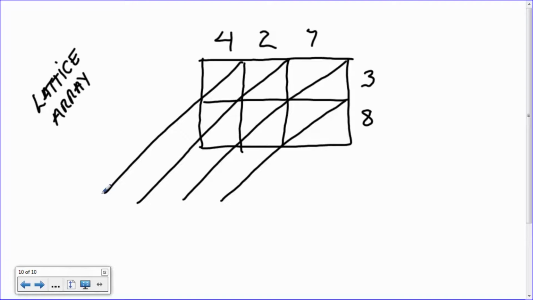But I'm going to just say 3 times 4 is 12. Now the question is, that 12, is the 1 and the 2 in the right position? Well, remember, in this diagonal, this was the 1s, this was the 10s, this is the 100s, this is the 1000s.